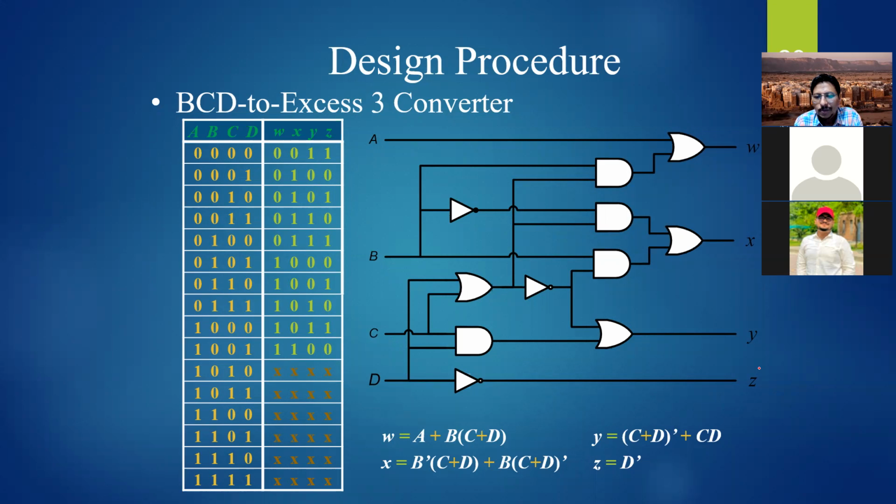Sir, here is the D complement bus. Yes, D is connected to the NOT gate. Just you have D, you pass it through the inverter, and you get Z. Okay? Very simple, sir.